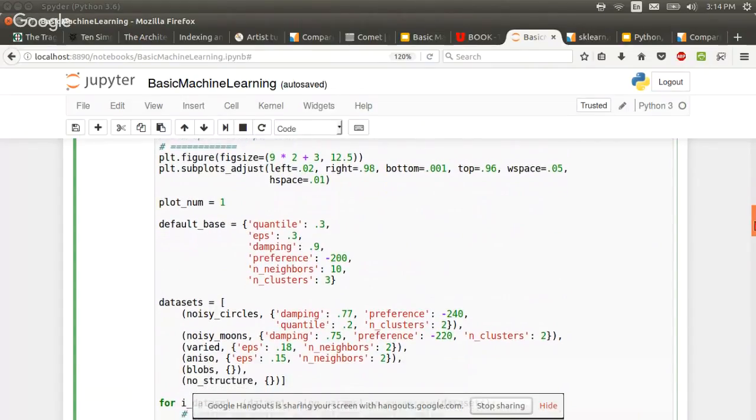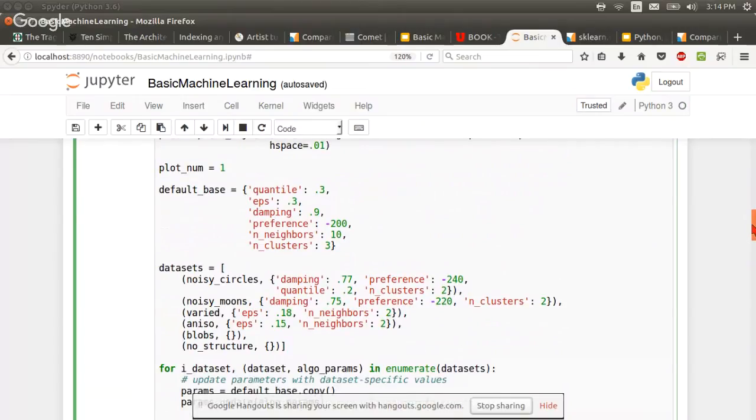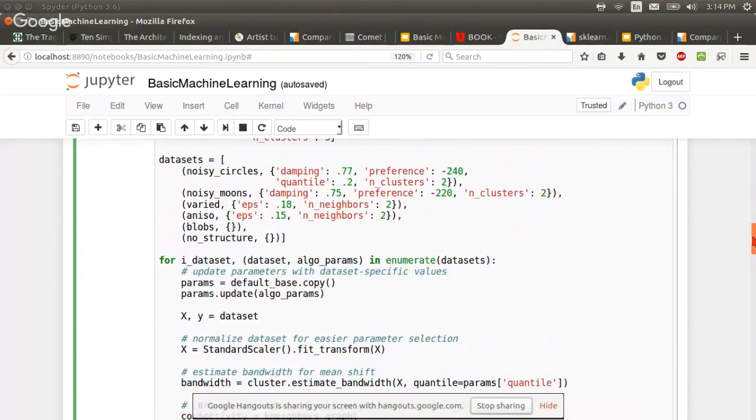And then they're setting up some parameters on their clustering, but this is where they're basically building the structure. You notice it's a list. It starts out with a bracket, and then it's a list of tuples. Inside the list, the next thing is a parenthesis, so these are actually tuples here.